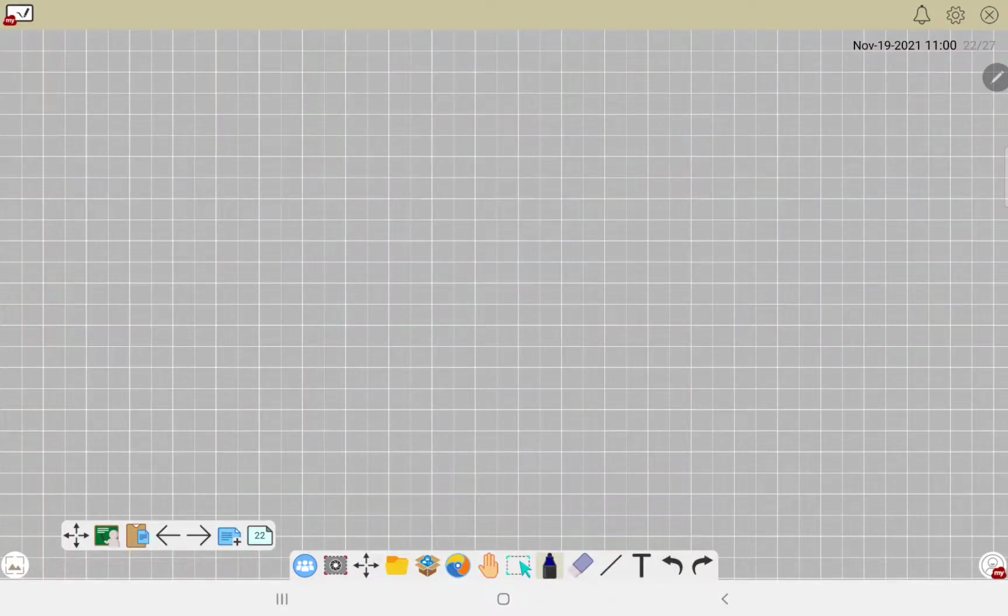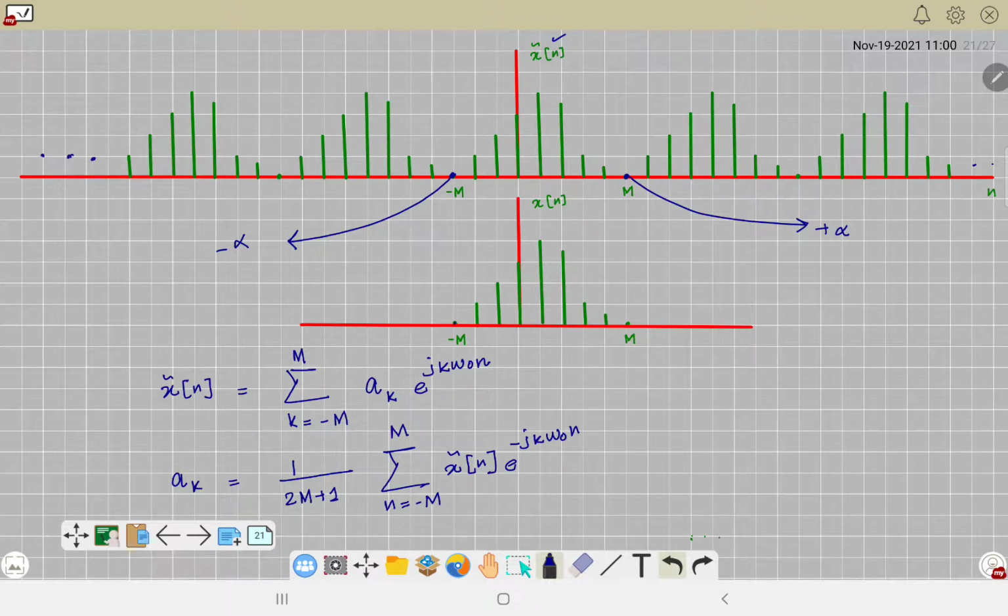So now we may slightly reframe it using the conditions that relate x tilde n with x of n. The first thing is that if you take the range minus M to plus M, that's from here to here, and in this range x tilde n is the same as x of n, right?